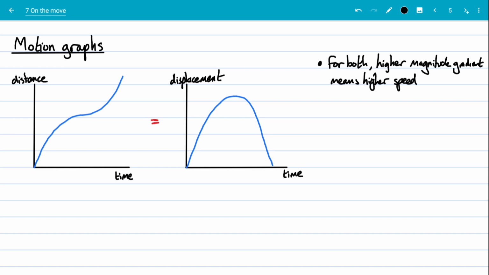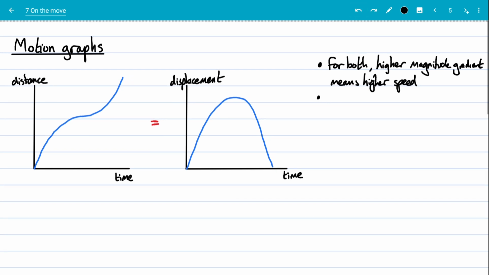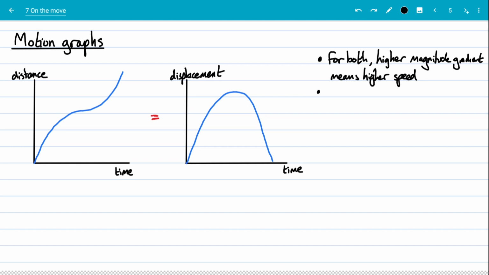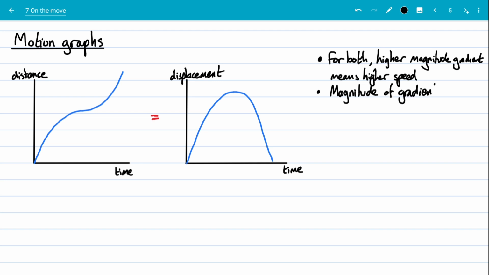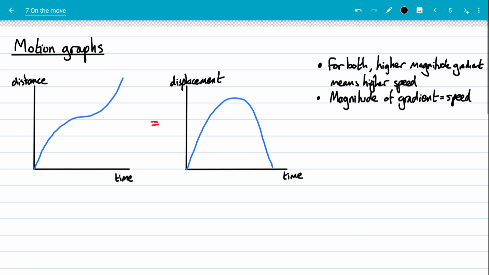And that is absolutely true. And we can also say that the magnitude of the gradient is equal to the speed for both. So we could say, magnitude of gradient equals speed. That is true for both.